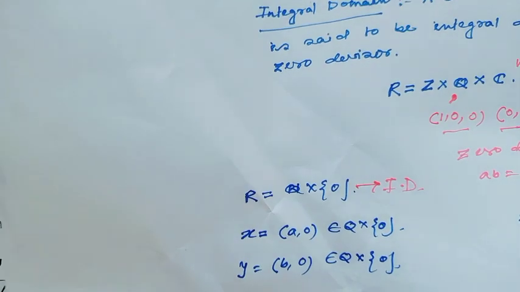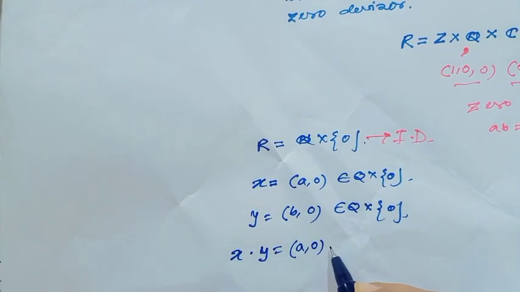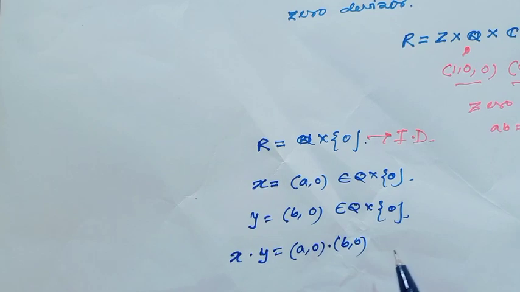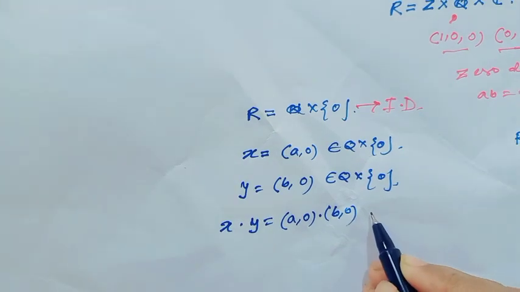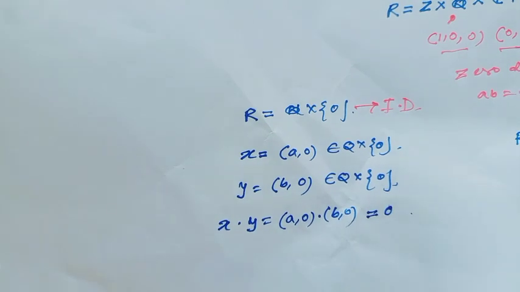Then X dot Y means (a, 0) times (b, 0), and to find whether it is a zero divisor or not, we have to show this is equal to 0.